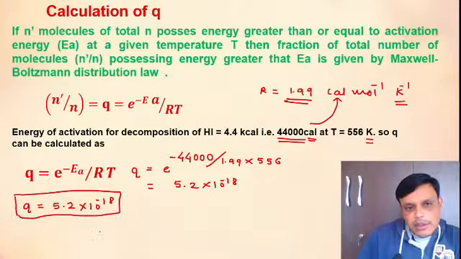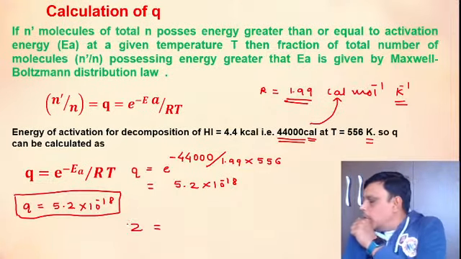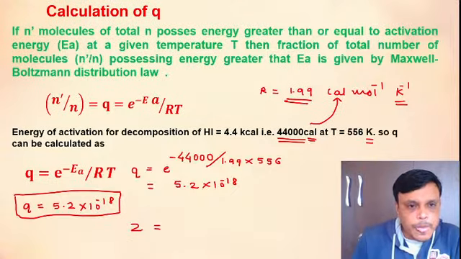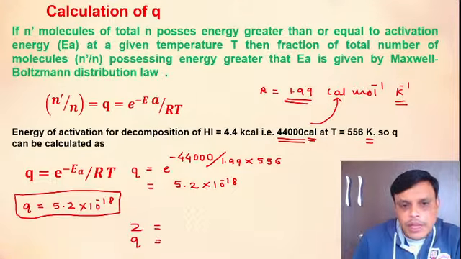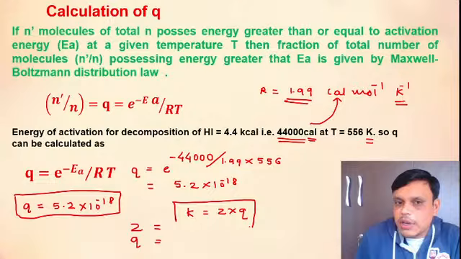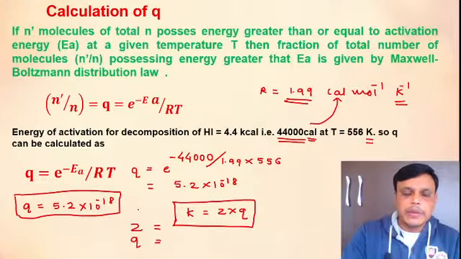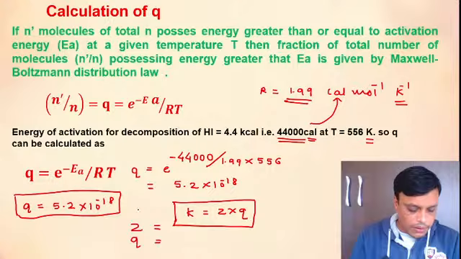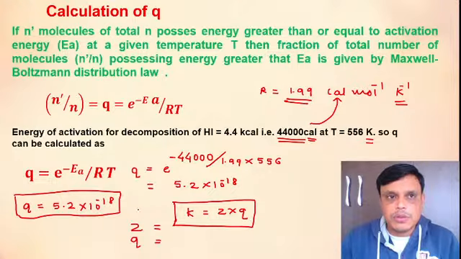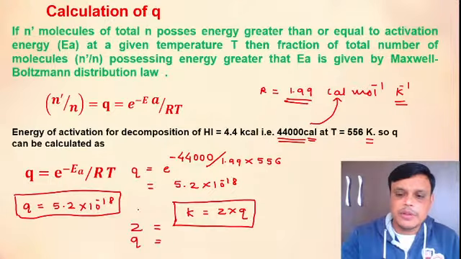First we calculated the value of Z, then we calculated the value of Q here, and you know the equation K is equal to Z into Q, that is the specific rate constant. Now you can calculate the specific rate constant. Okay? Yes or no? We can calculate the specific rate constant value of K by using the equation.